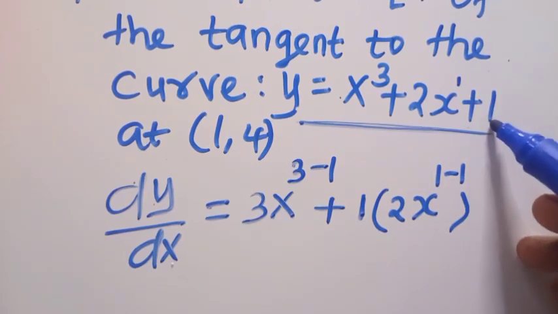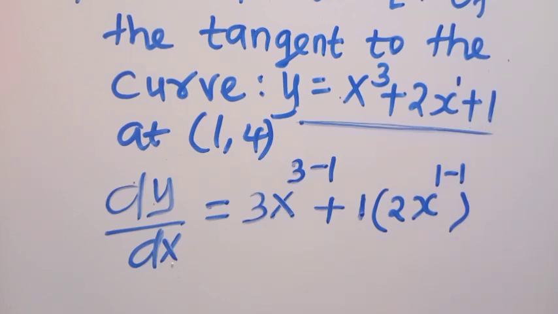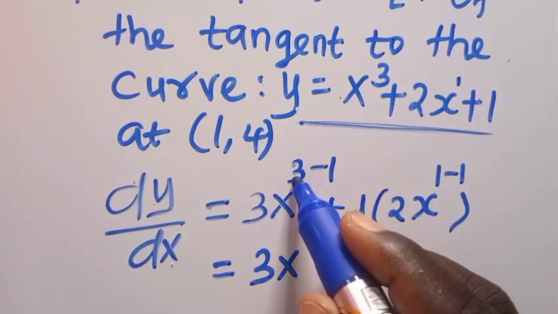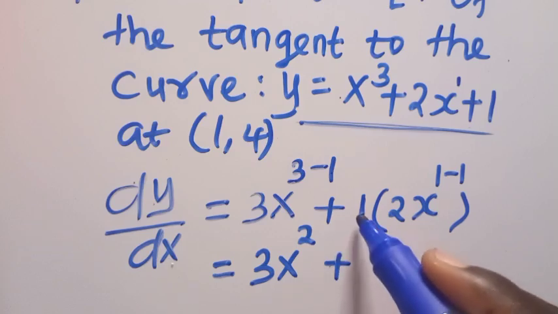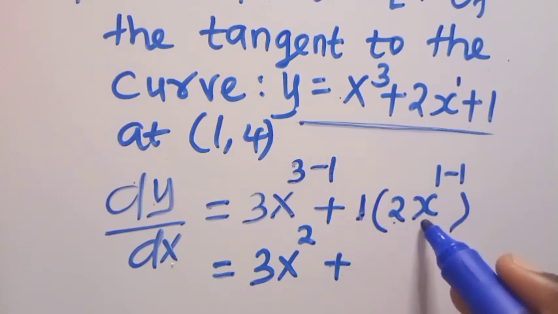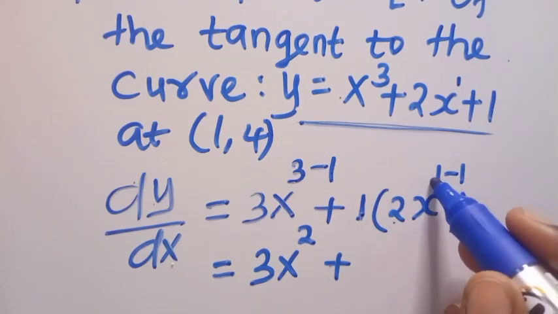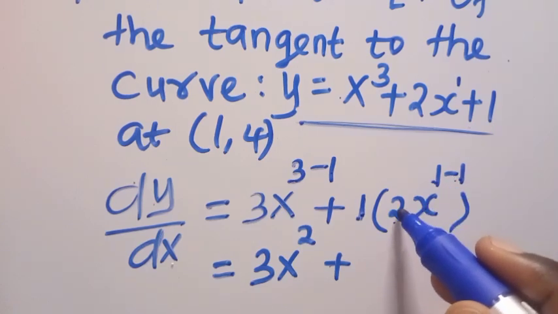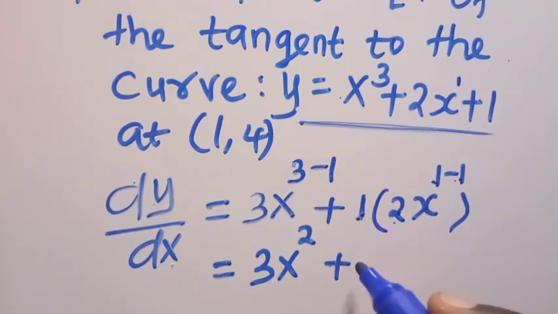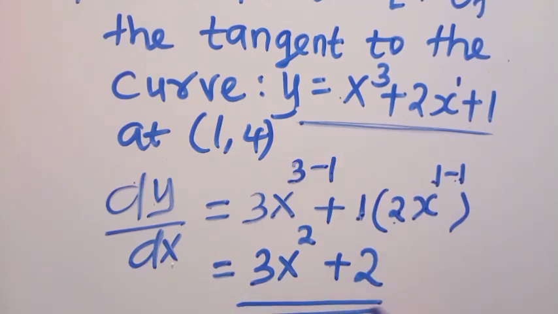But if you differentiate a constant, because 1 is a constant, you get 0. Now we have 3x raised to 3 minus 1, which is 3x squared, plus 1 times 2x raised to 1 minus 1. 1 minus 1 is 0, x raised to 0 is 1, and 1 times 2 is 2. This is the gradient function that we have: dy/dx equals 3x squared plus 2.